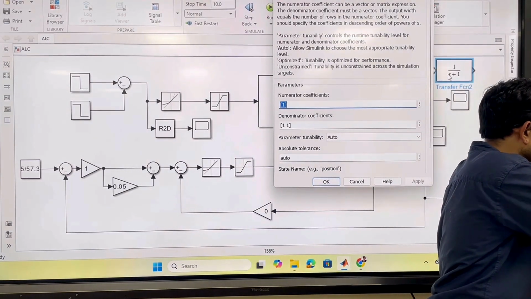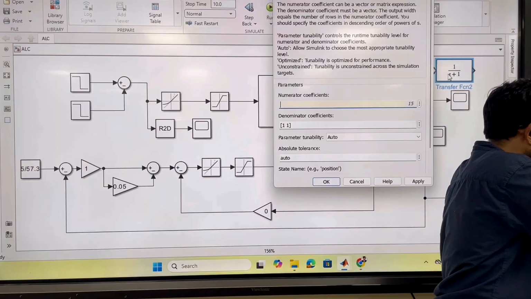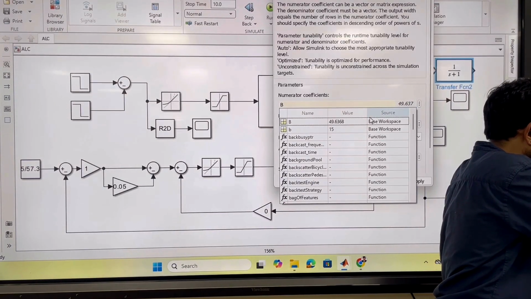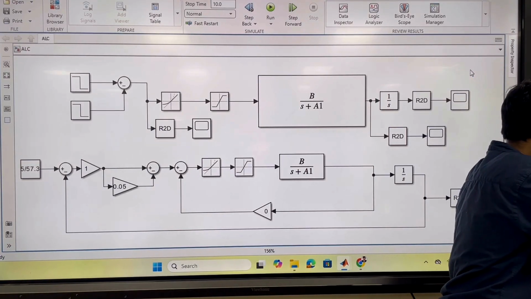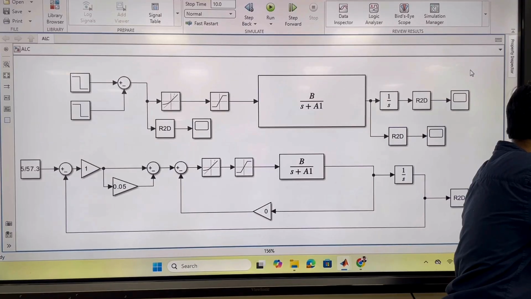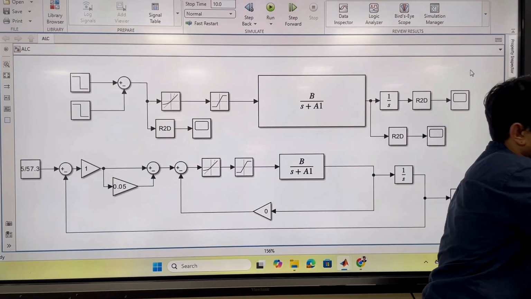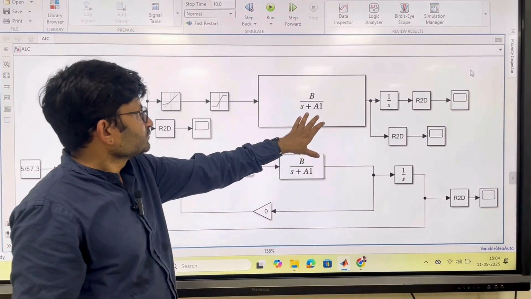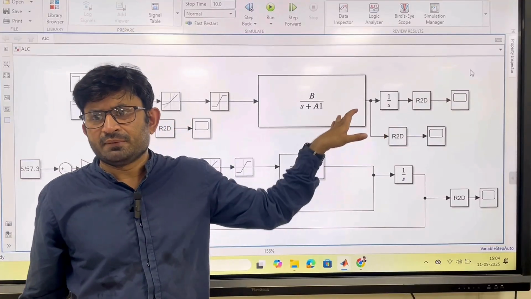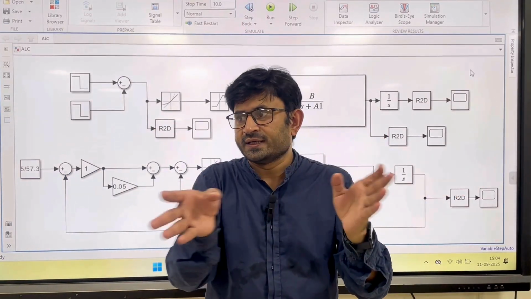For example, when you type B here, the B will come here. So like that you can construct the transfer function. That is very straightforward. Constructing the transfer function is okay, right? B divided by S plus A1, and B and A1 we have already defined in the script file.